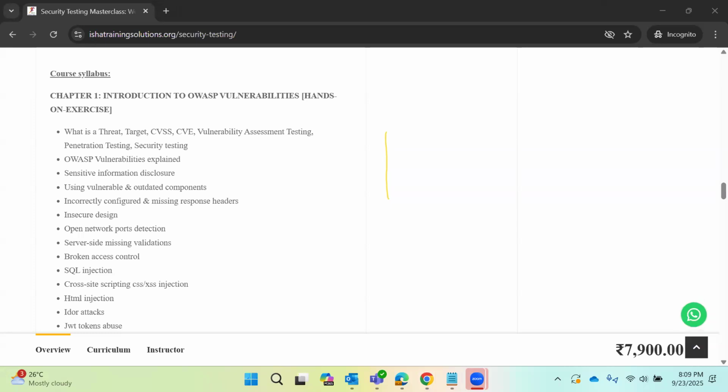I would say under security testing, we have vulnerability assessment testing, which is VAT, and PT, which is penetration testing. So penetration testing is a child of security testing. But otherwise, in general, people say both are the same, meaning someone can refer to penetration testing as security testing or vice versa. But if you have to find a difference, the difference is penetration testing comes under security testing.